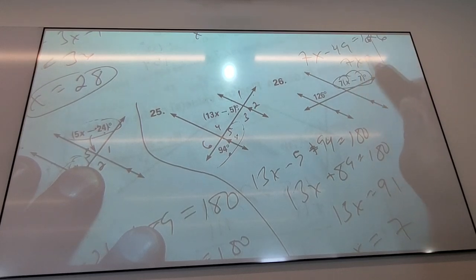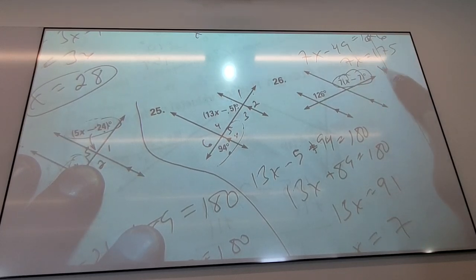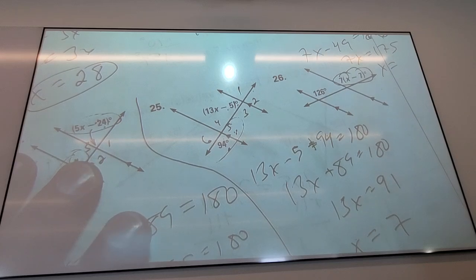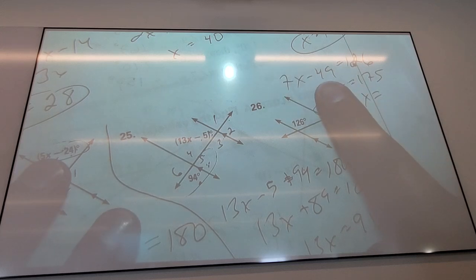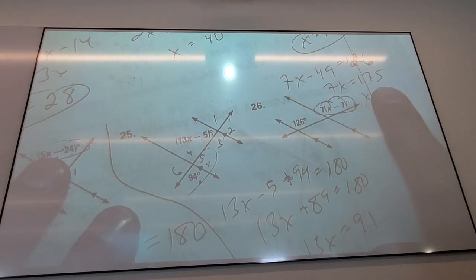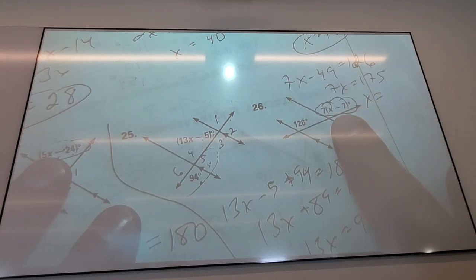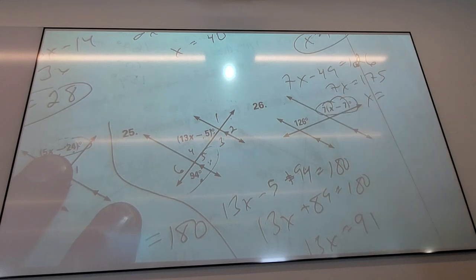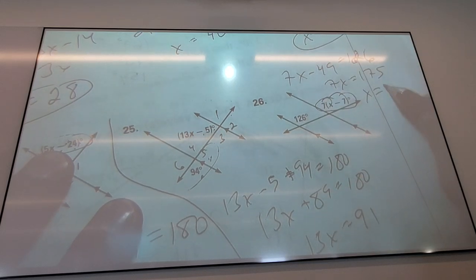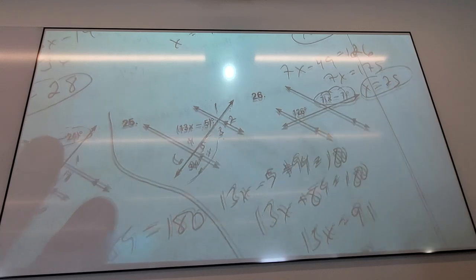Add 49, I get 175, divide by 7, 25? Let's see, did I do this right? Add 49, yes. Oh yeah, 25, yes, okay. Yay!